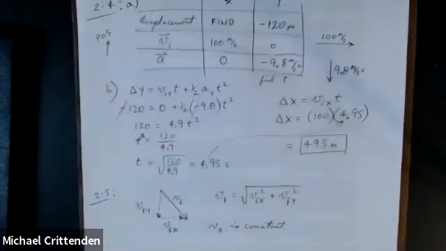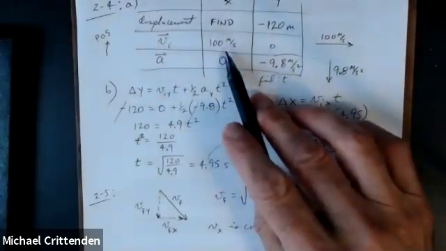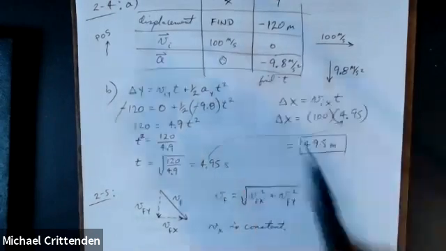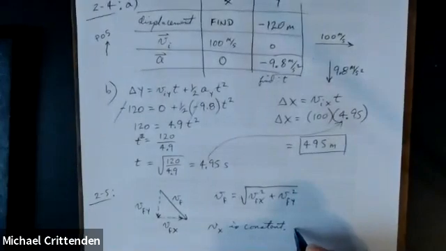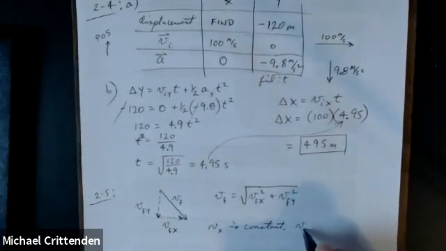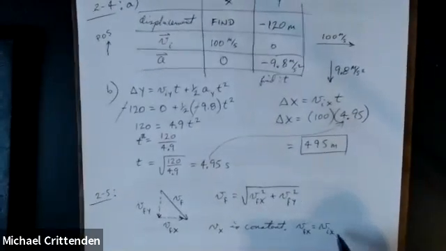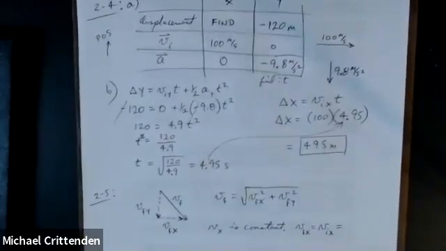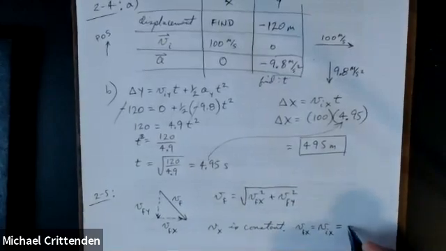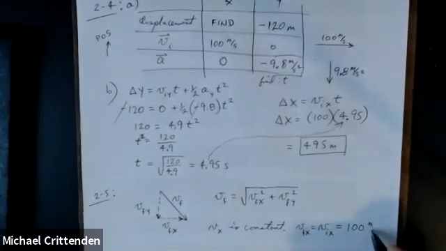So if it was going 100 meters per second to begin with, it's still going 100 meters per second in the end. V final x equals v initial x equals the x component it has everywhere in between, 100 meters per second.